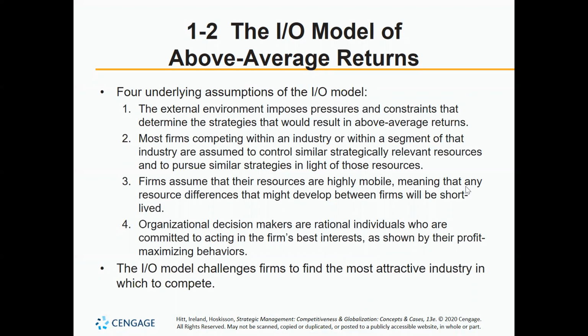And 4, organizational decision makers are rational individuals who are committed to acting in the firm's best interest, as shown by their profit-maximizing behaviors. The IO model challenges firms to find the most attractive industry in which to compete.